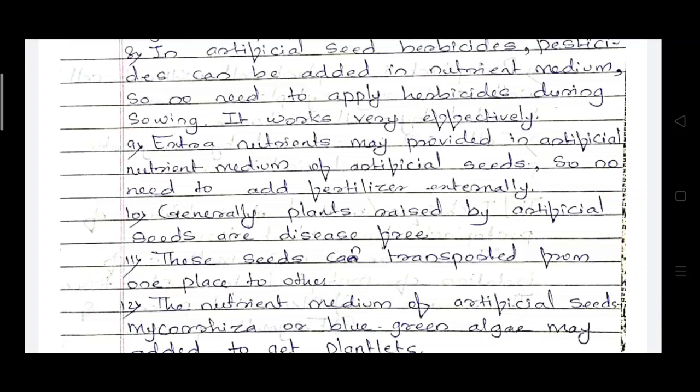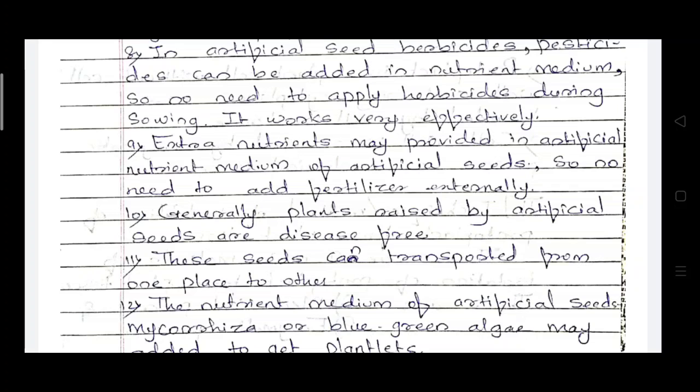Also, extra nutrients may be provided in the artificial nutrient medium of artificial seeds, so there is no need to add fertilizers externally. Generally, the plants raised from artificial seeds are disease free.